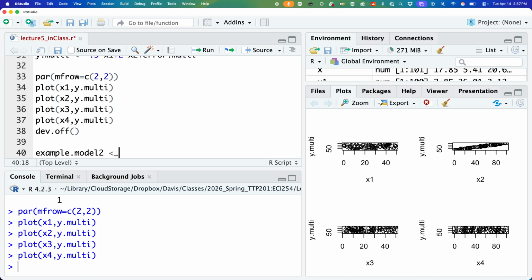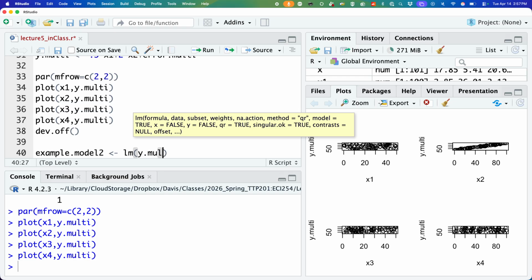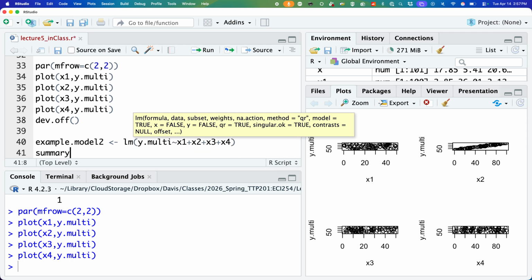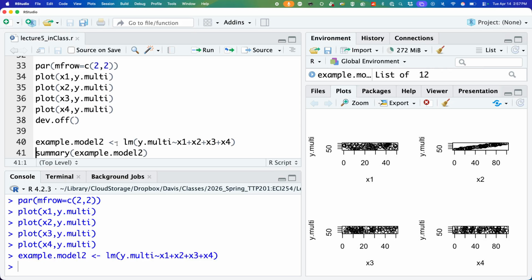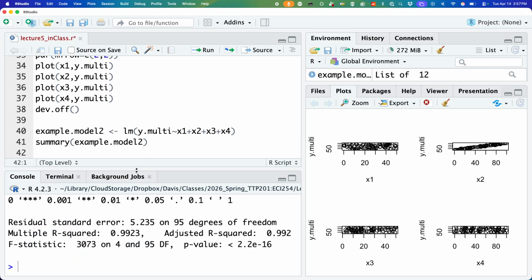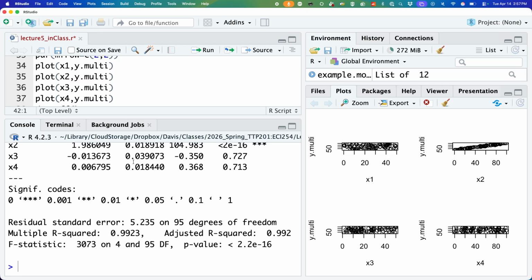Thankfully, so let's run the model. y multi regressed on x1 plus x2 plus x3 plus x4. I'll run the regression, and we'll run the summary.